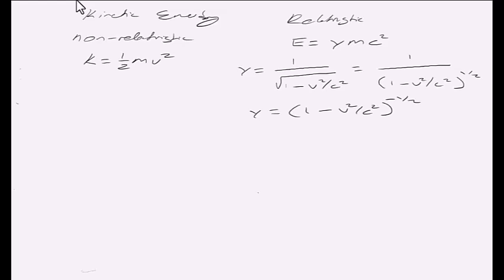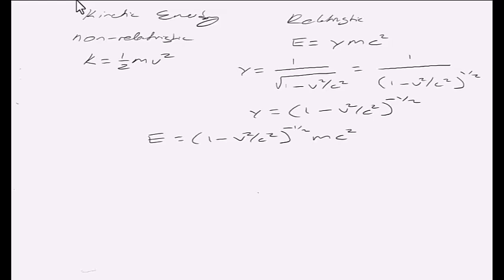And so, on the basis of this, the total energy, which is gamma mc squared, can be written as 1 minus v squared over c squared, power of -1/2, mc squared.